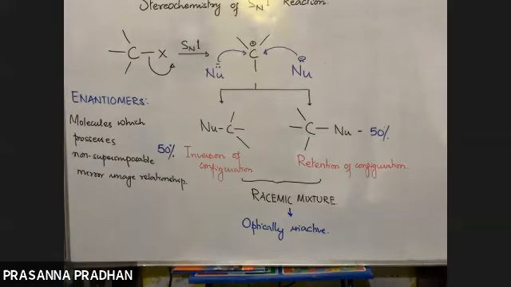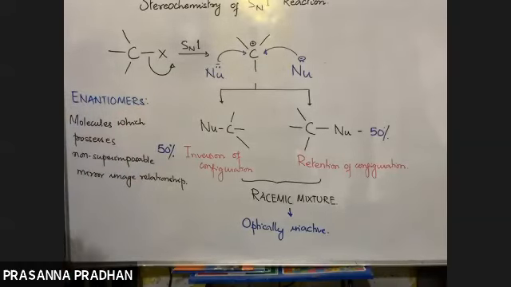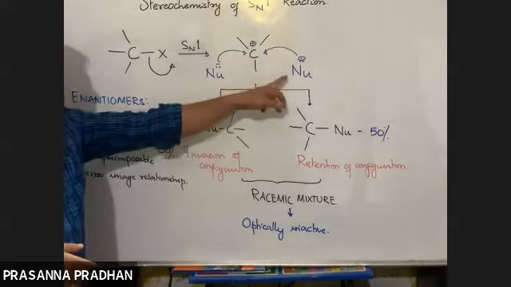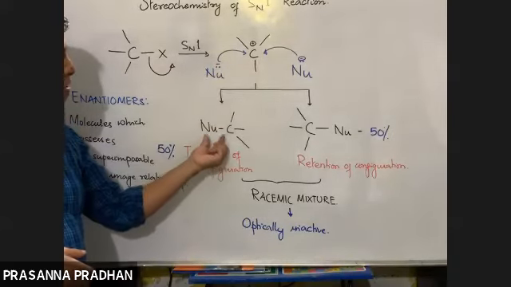So now let us discuss in detail what we mean by optical activity. So this is the overall stereochemistry of the SN1 reaction. Since a planar carbocation is formed, there is an equal chance that a nucleophile can attack from the same side or the opposite side, giving rise to two enantiomers.